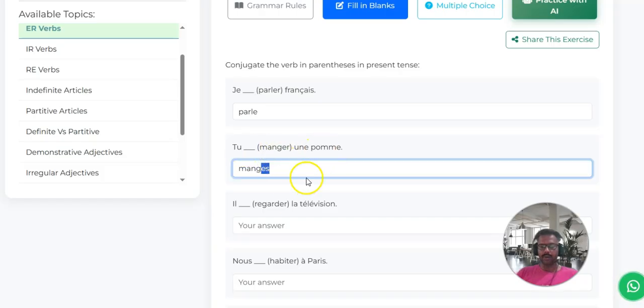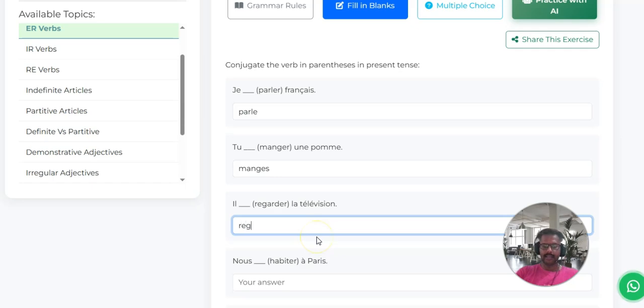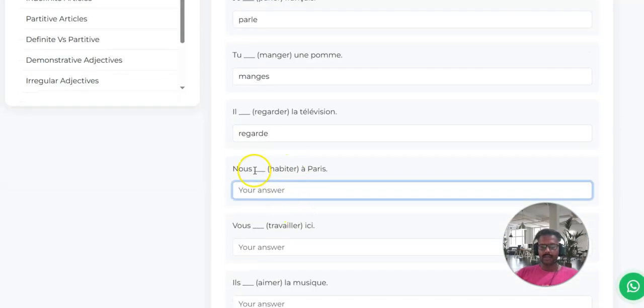Tu manges une pomme. Il regarde. Okay, il regarde. Now with nous, you know it's ons, so it will become habitons. Nous habitons. Okay, nous habitons à Paris.